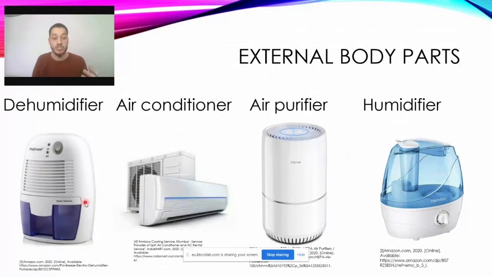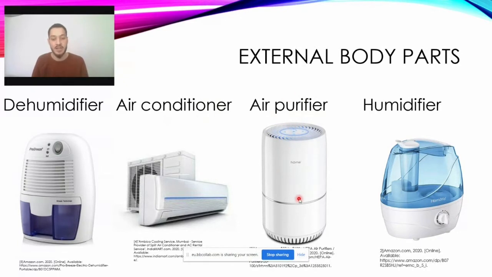There's a dehumidifier, which reduces the humidity and the H2O particles in the air. And there's the air conditioner, the normal one that we use in our homes, and there is an air purifier.